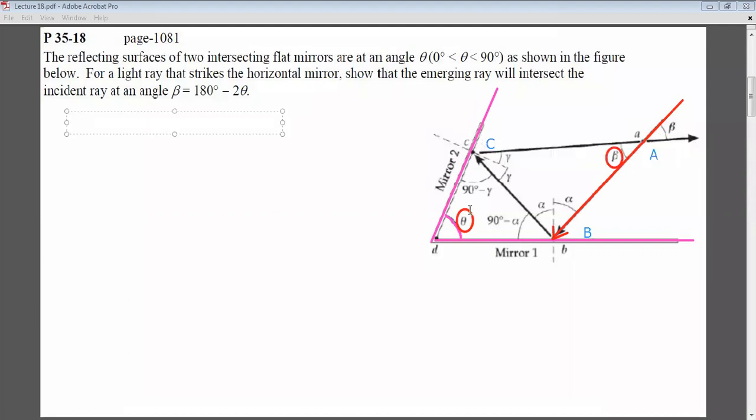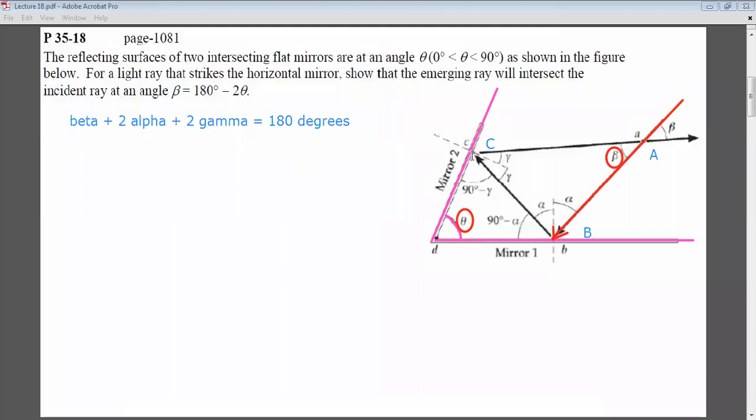I have beta plus 2 alpha plus 2 gamma is equal to 180, right? This is 180 degrees.